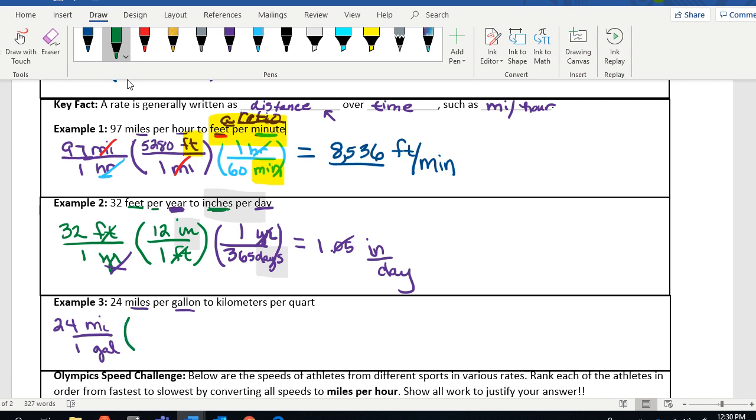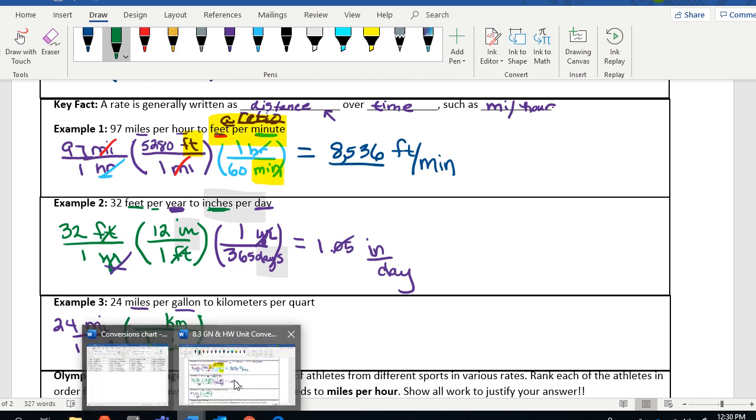Now, let me see. Did I have it written down? I don't see it. So let me see. 1 mile. Is it 0.6 kilometers? Let's look it up.